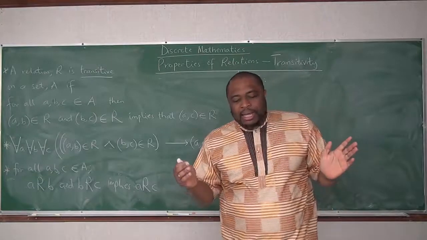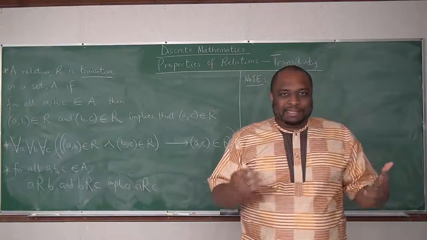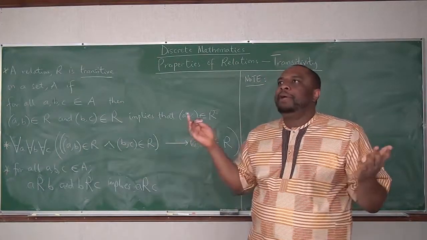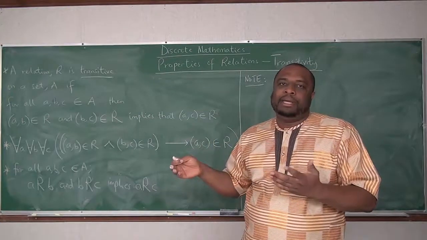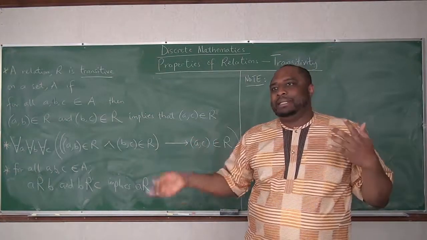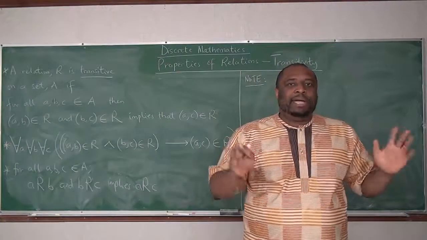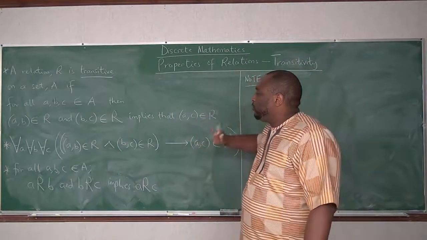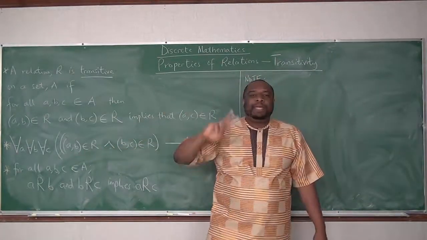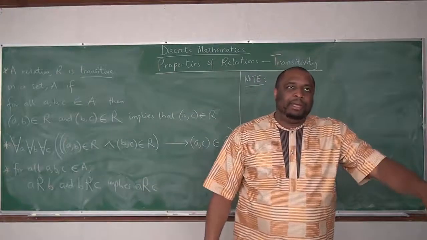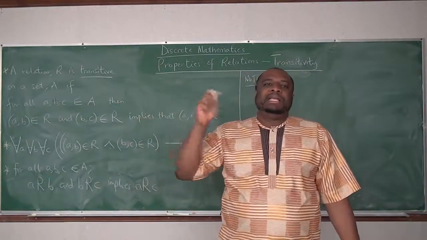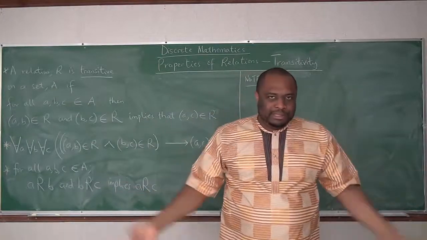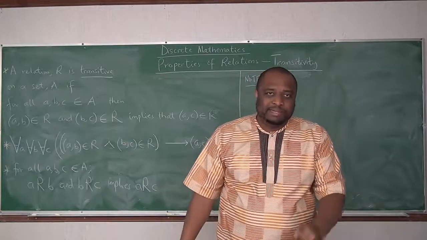You might have A and B, then A and C without having B and C. The main thing here is you have to watch out for these two cases, AB and BC. If you have AB and you have BC, then you must have AC. If you have AC in all those cases, then the relation is transitive.